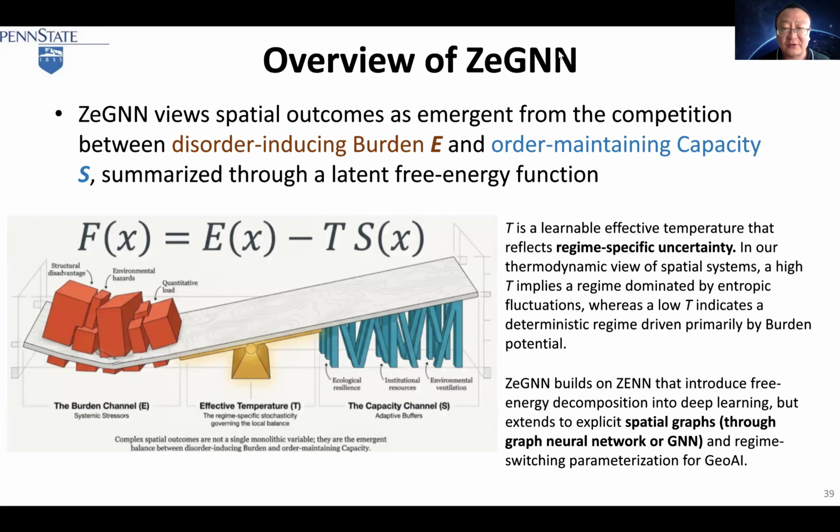We treat the spatial outcomes, which are spatial observations, think about housing price, or better understanding the mental health distribution at the county level across the US, or looking at PM 2.5, like air pollution, across the study area. Those are the spatial outcomes. We treat them as emergent from the competition between the disorder-inducing burden, here E, and the order-maintaining capacity, which is S here, summarized through the latent free energy function. This is basically the ZENN formula here.